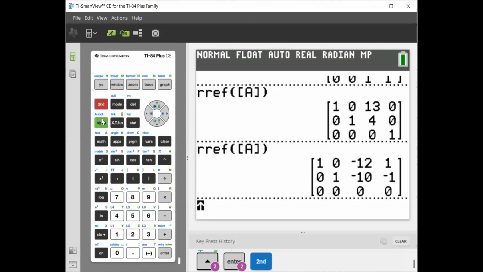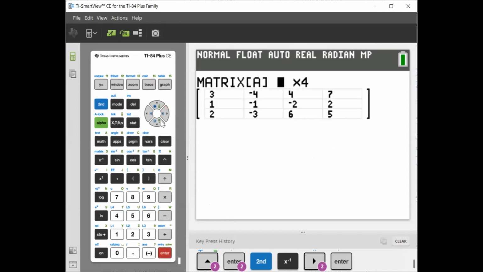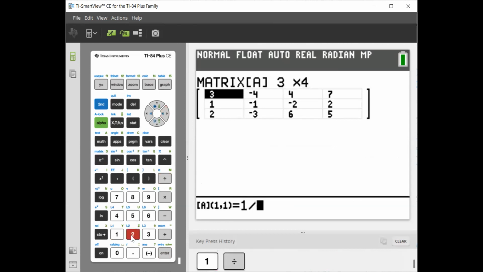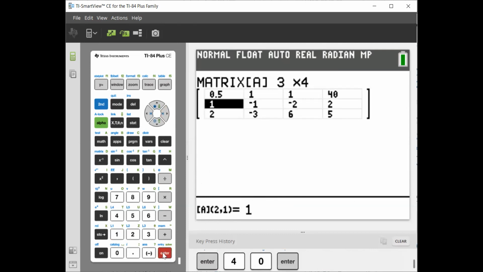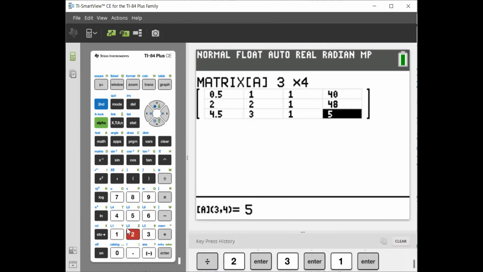Okay, so we have our second matrix. Go to edit and put in our values. So it was 1/2, 1, 1, 40. Our second row was 2, 2, 1, 48. And then 9 halves, 3, 1, and 24.